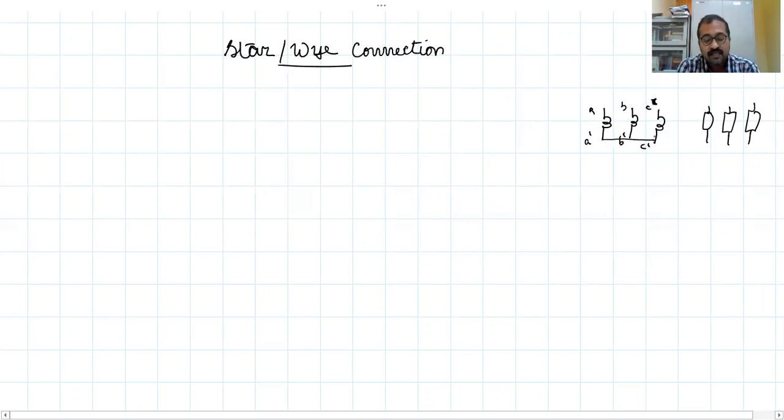So suppose in a generator, the three windings are joined at one of their endpoints, A dash, B dash, C dash. Then what we get is called a star connection. So this is a star configuration.